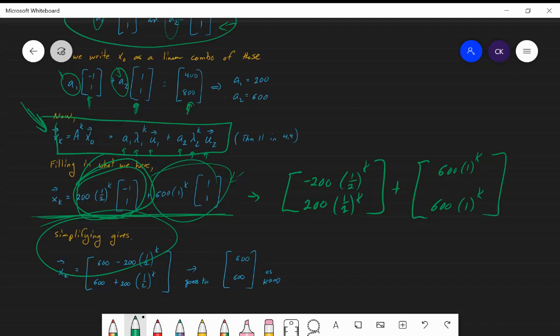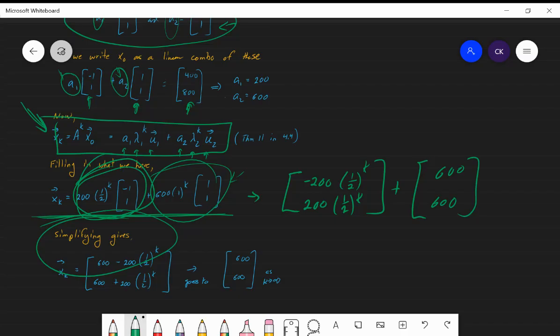Now it's important to recognize that 1 to the k is going to be equal to 1 no matter what value k is. So it's always 1. So really, this second vector can be reduced to just 600 and 600.